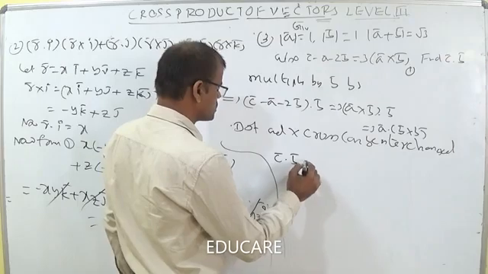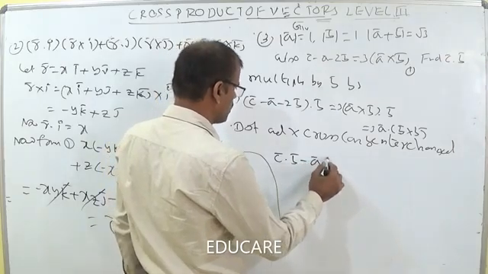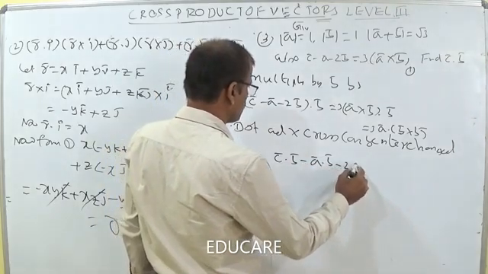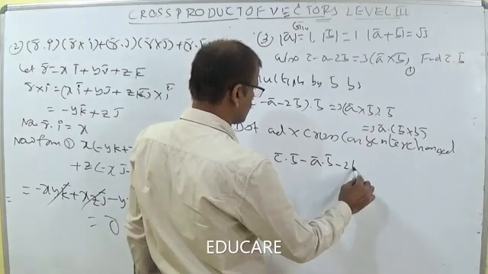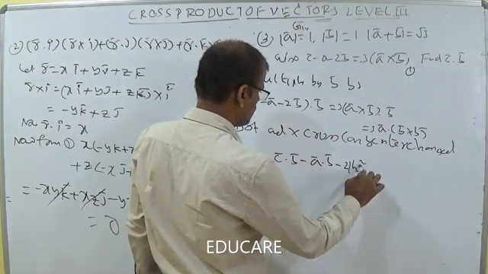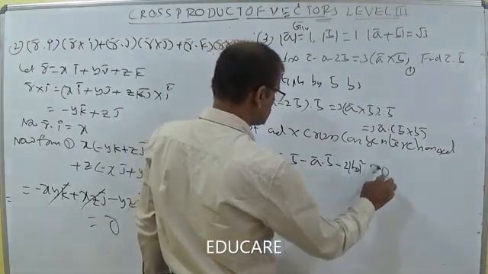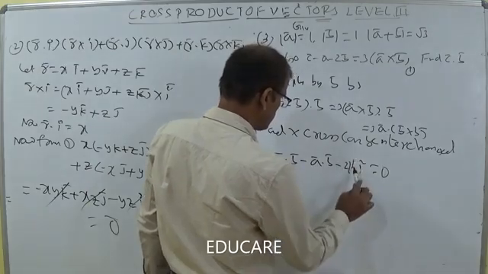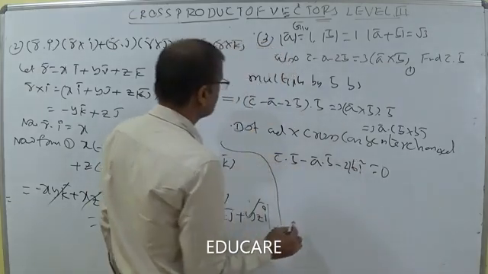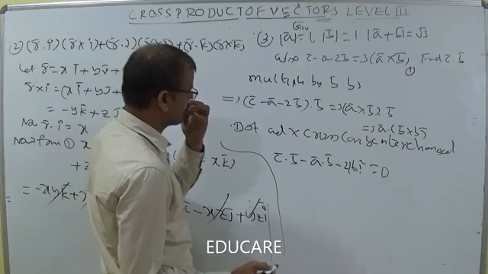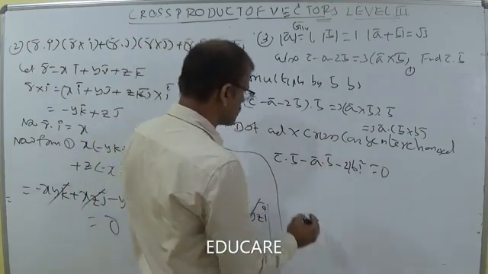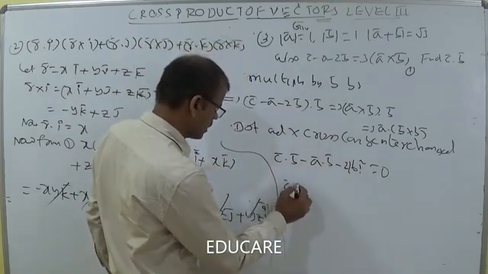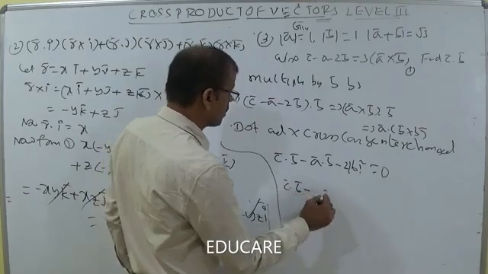Now you can write here c bar dot b bar minus a bar dot b bar minus 2 into b bar dot b bar, which is mod b bar square, equal to 0. We should calculate c dot b. A dot b, 2 mod b square already given. We will be getting c bar dot b bar value.